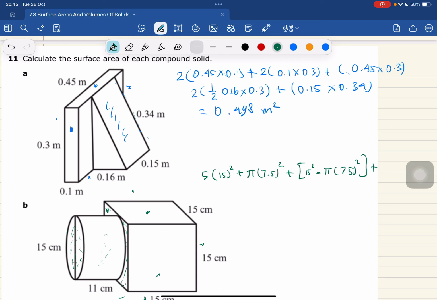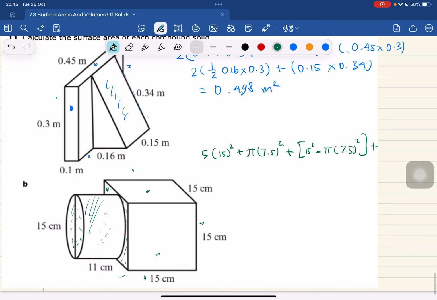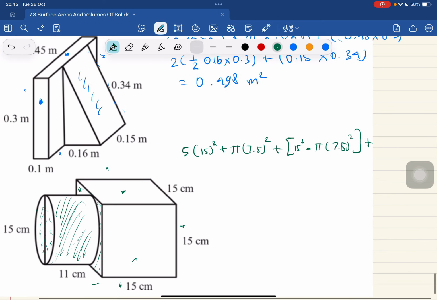And then the last, the area of here. The length is going to be 11 times the circumference, so it's going to be 15 pi. So after calculating, you can use a calculator. This will give you the answer of 1868.36 centimeters squared. There it is. Thank you.